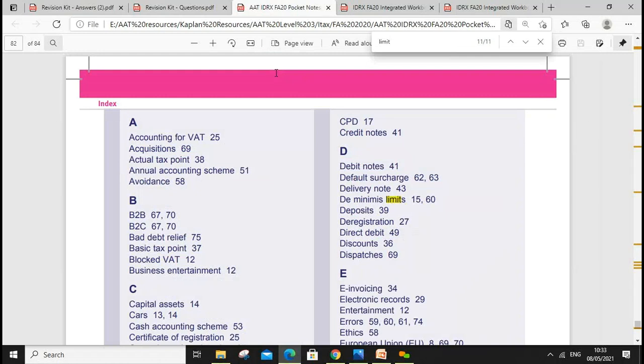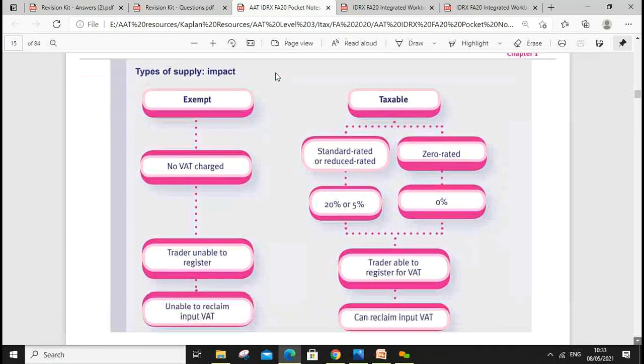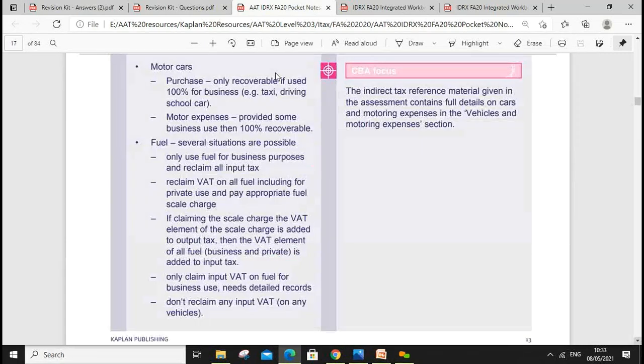It is on page 15. So that term is being used. So if you will go, it should be here somewhere.